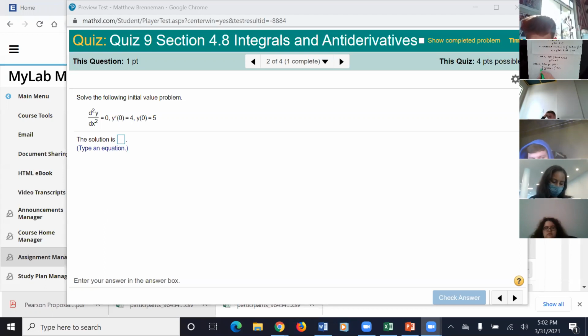Notice when I take the indefinite integral, I need the dx along with it, right? Of course, this side, we know what happens, right? This is an antiderivative of a derivative. They're going to cancel. And so I'm going to get y of x.